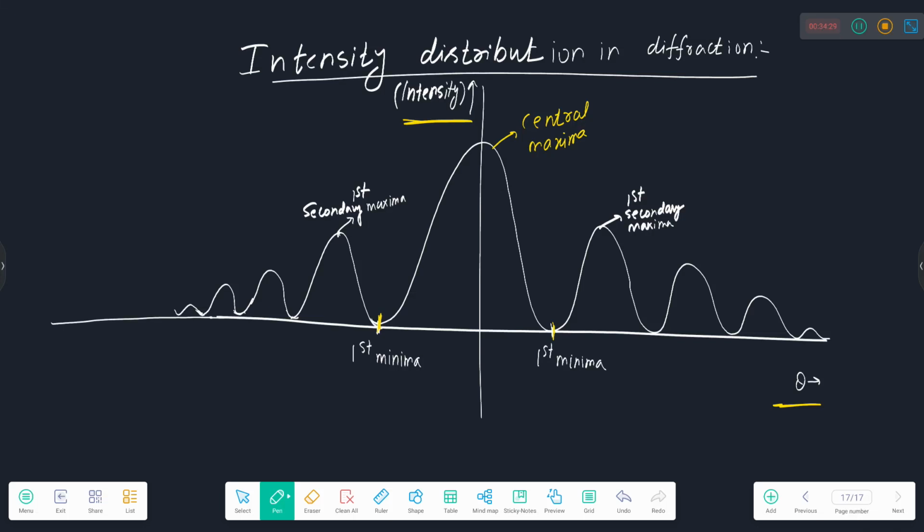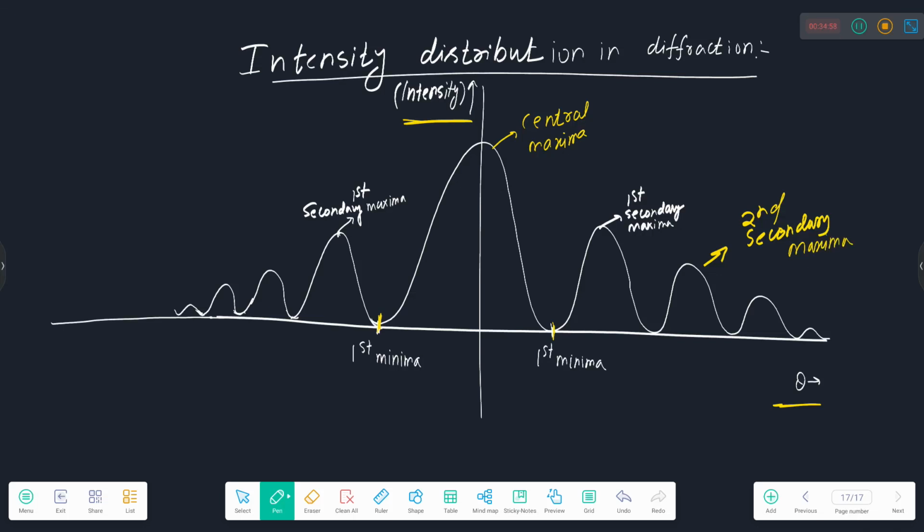Did you understand clearly? Yes or no? So this is called intensity distribution in diffraction. I hope everybody understands clearly. No worries. And this wave is which wave? This is your secondary maxima. Like that you can identify which is what maxima.